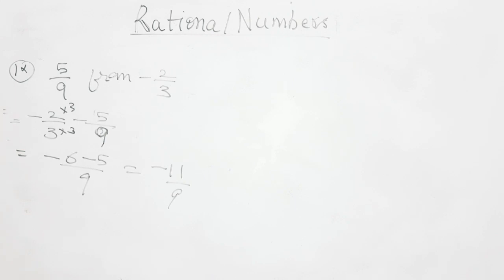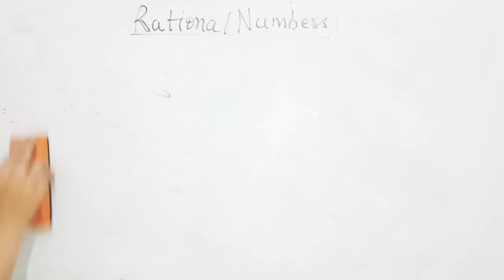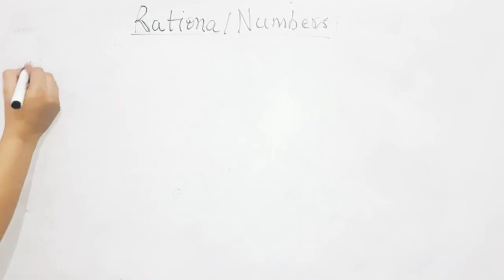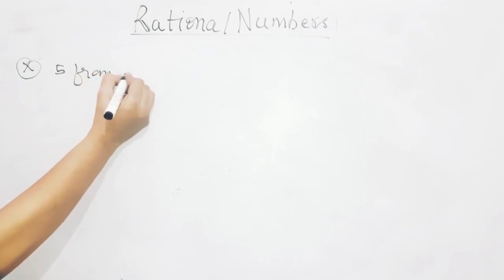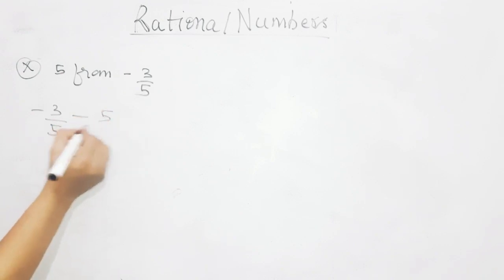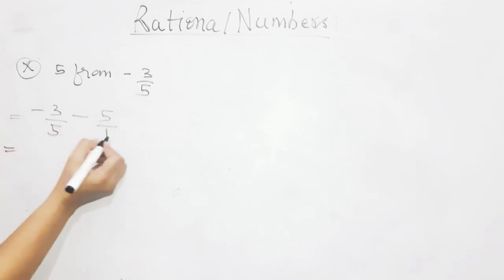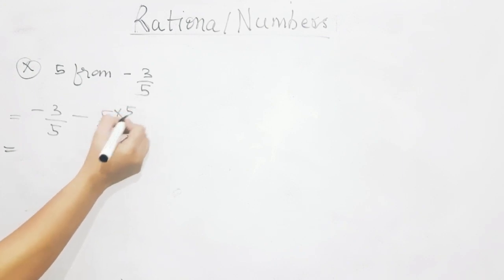Coming to the last option, that is the 10th option from this question. 5 from minus 3 by 5. So minus 3 by 5 minus 5. By default 1 has to be considered because no denominator is given to you, and the LCM of 1 and 5 is 5 only.